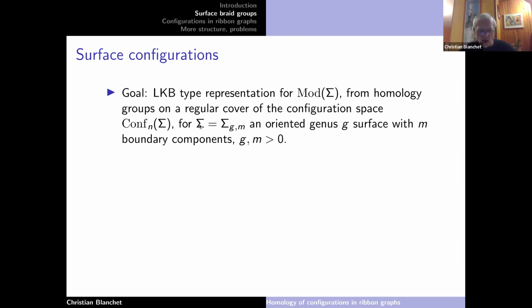In my talk, sigma will have genus g and m boundary components, and m is positive. There is a story for closed surfaces, but it's a little bit different.